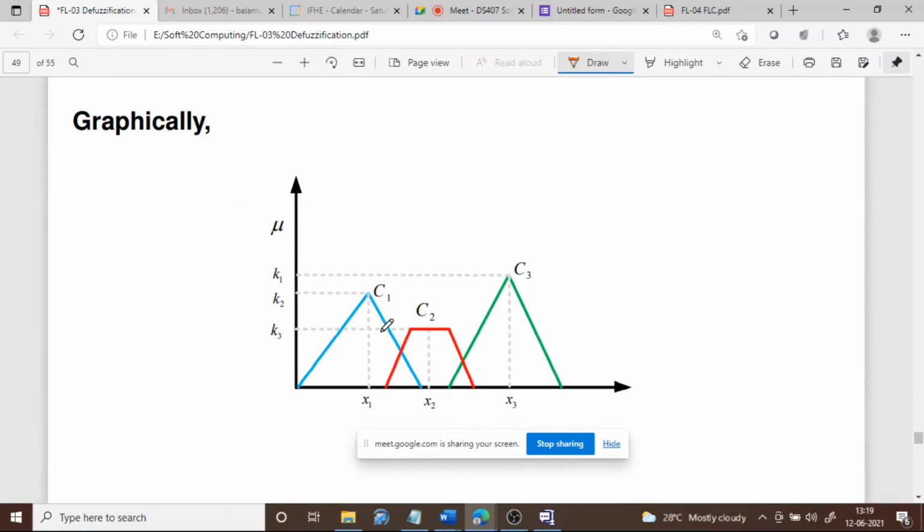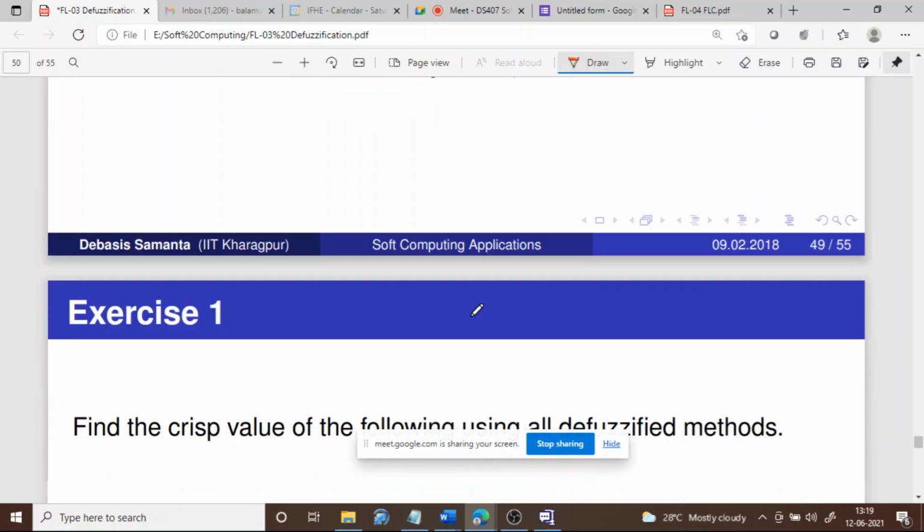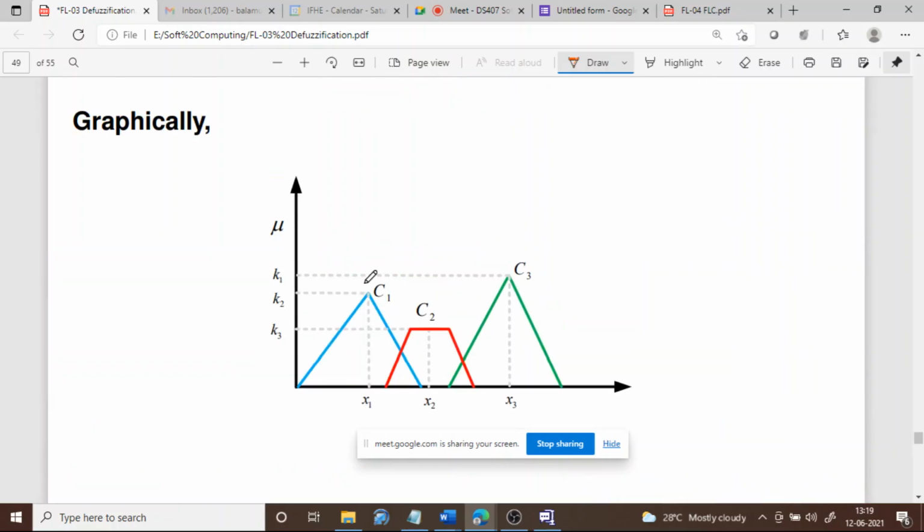So if you have three plots something like this, each of these represents one membership function of a particular fuzzy set. So C1 is one membership function, C2 is another membership function, and C3 is another membership function.